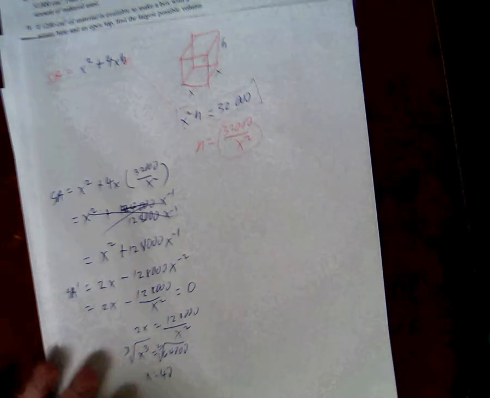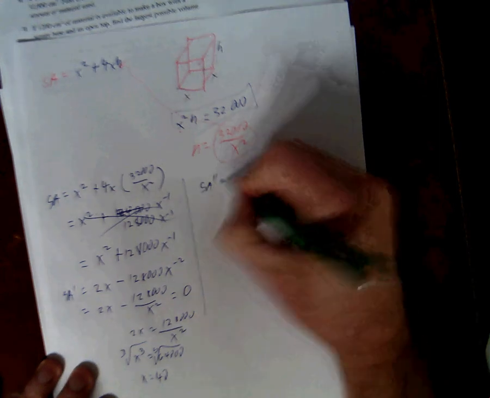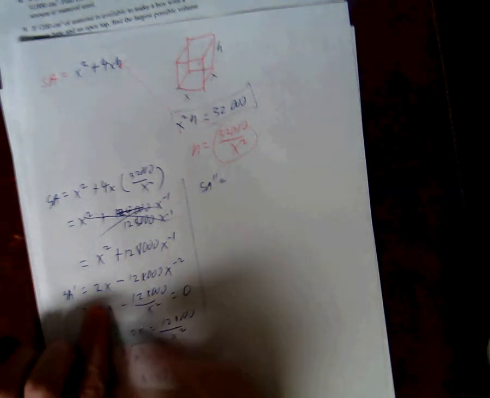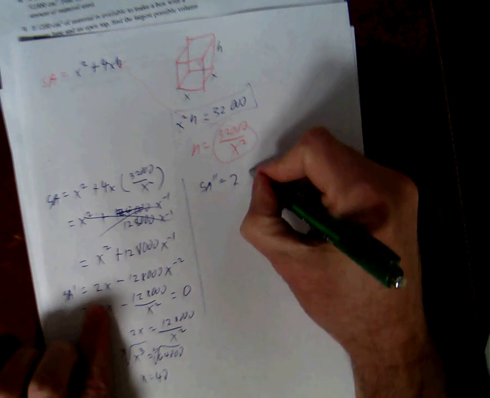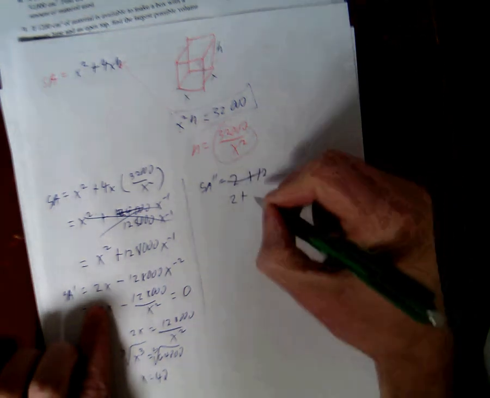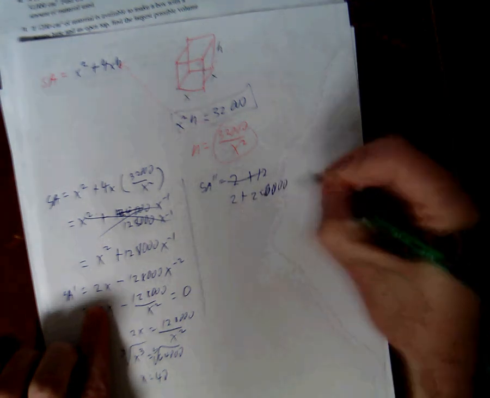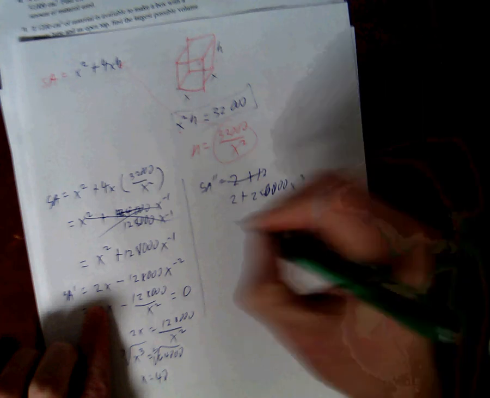So at this stage, I want to look at the second derivative. That's going to give me 2 plus 256,000 x to the negative 3.